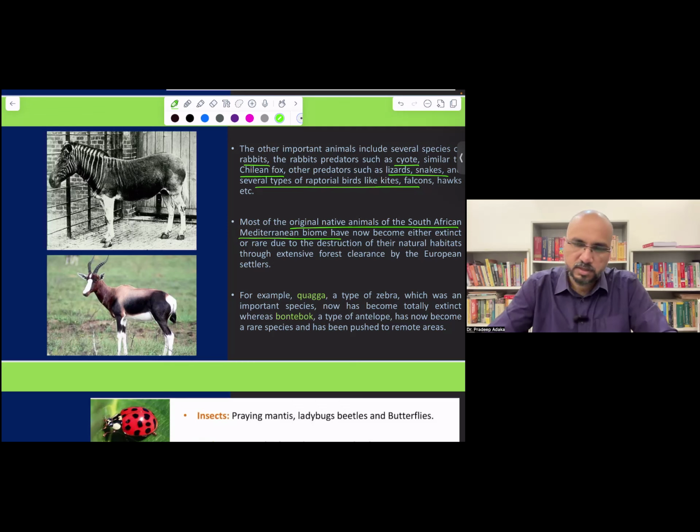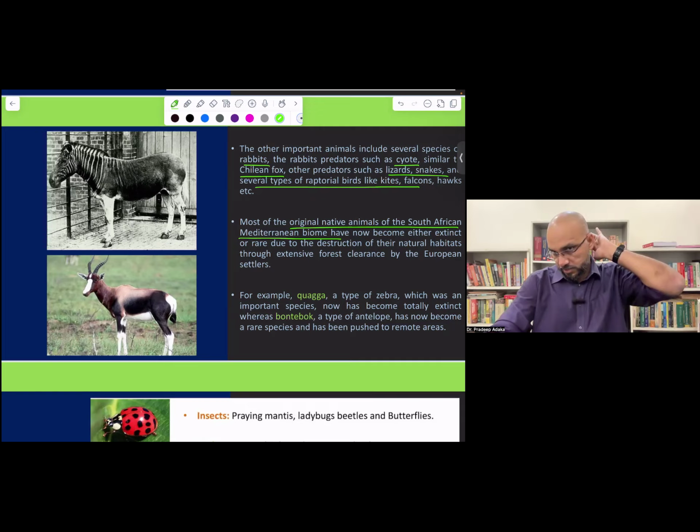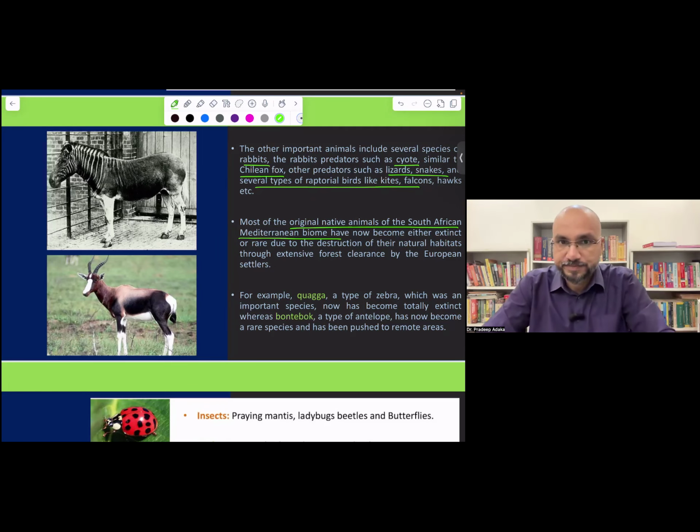Okay, so habitation by people have settled, Europeans especially during the imperial or early 20th century. Europeans have settled in South Africa, which has led to habitat destruction and extinction of many animals.